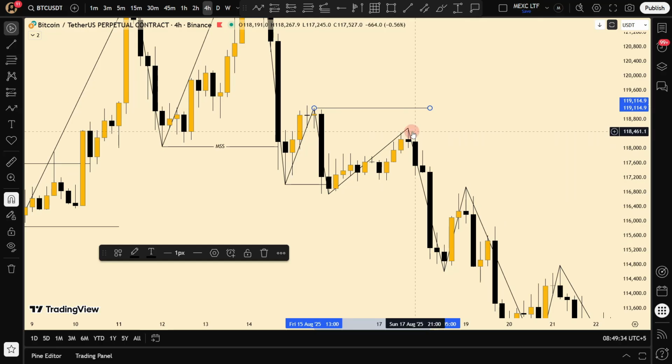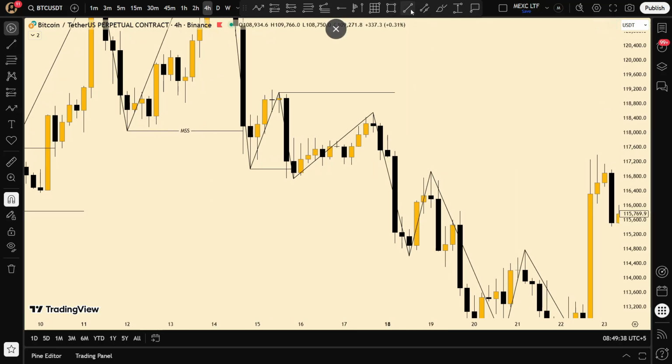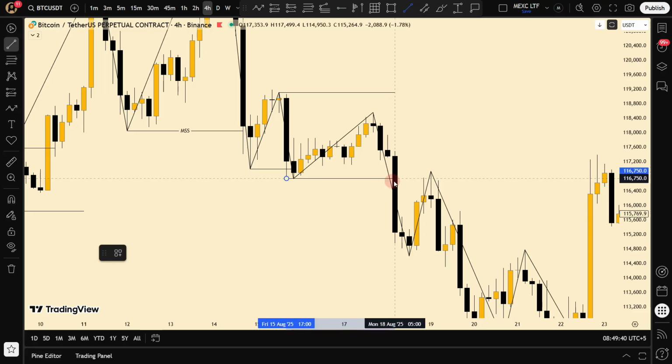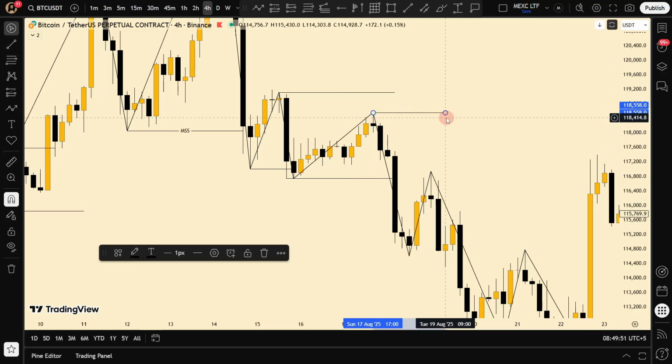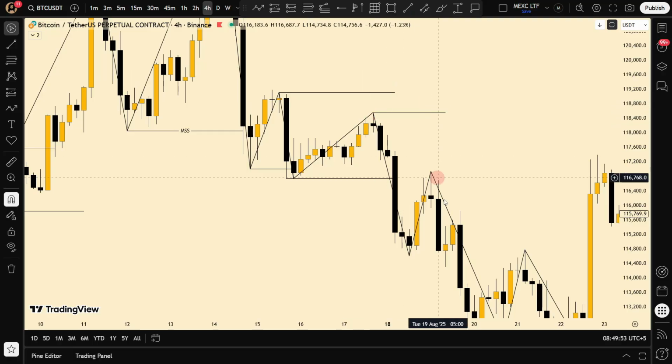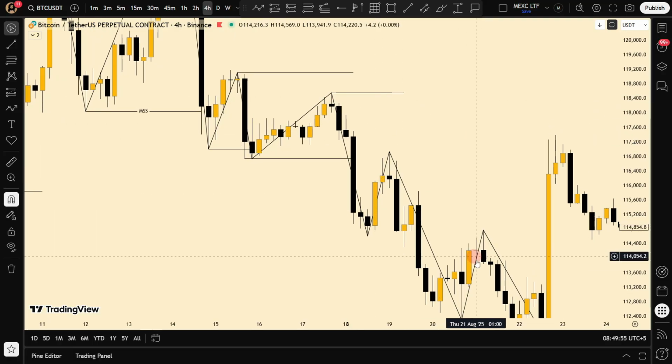And then what happens? We go back up, we retrace, and then we break the structure again. This is a break of structure to the downside, confirming this as our new protected high. Now, if the price needs to continue downwards, it needs to hold below this high. This high should not be broken.